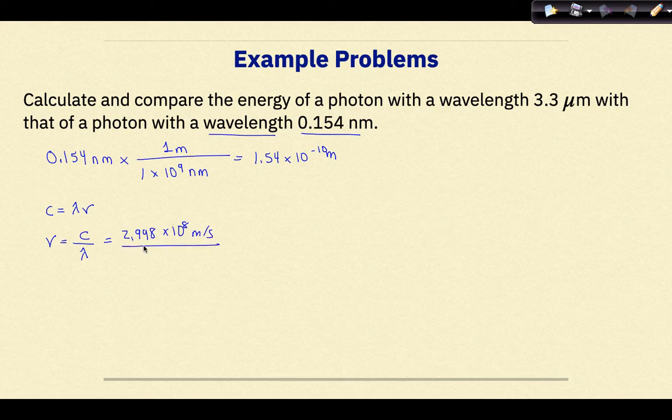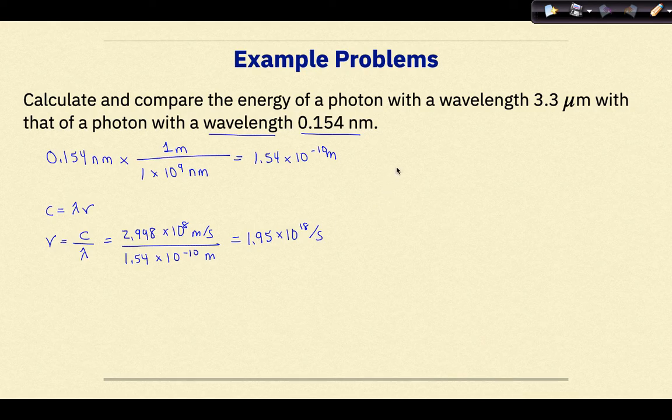The wavelength that I just calculated is 1.54 times 10 to the negative 10 meters. So my meters cancel here, so my value for the frequency here is going to be 1.95 times 10 to the 18th per second.